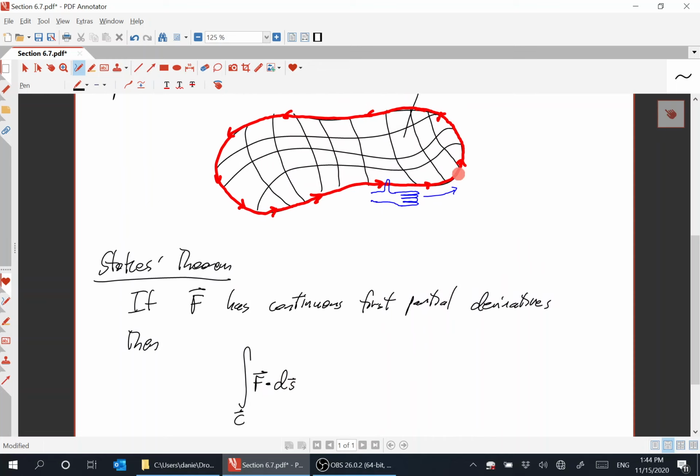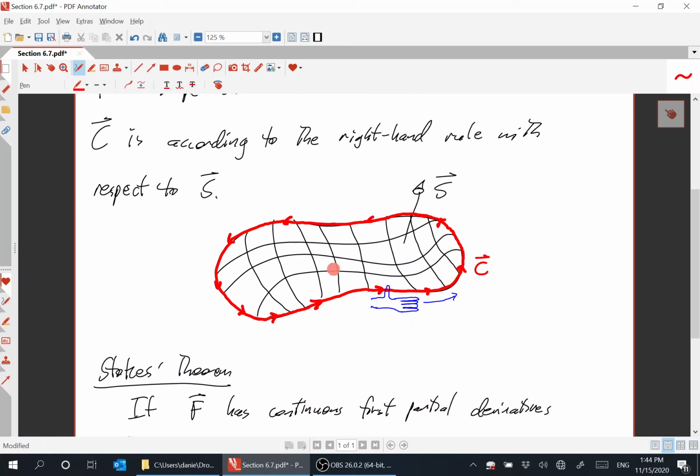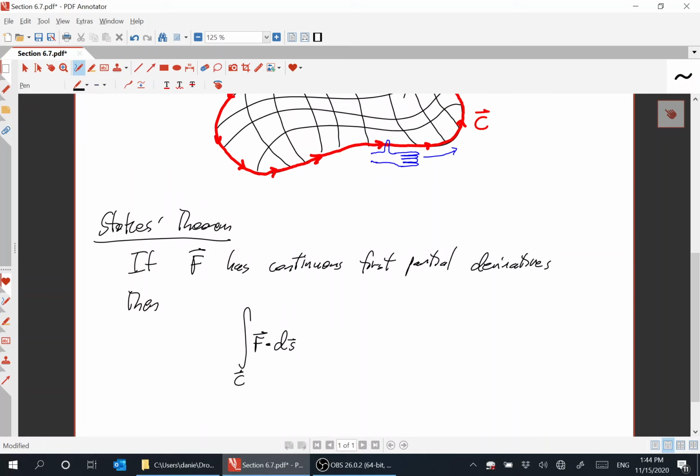So C is that boundary of S, the surface that's bounded by that boundary, is equal to the surface integral over S of the curl of F dot ds.